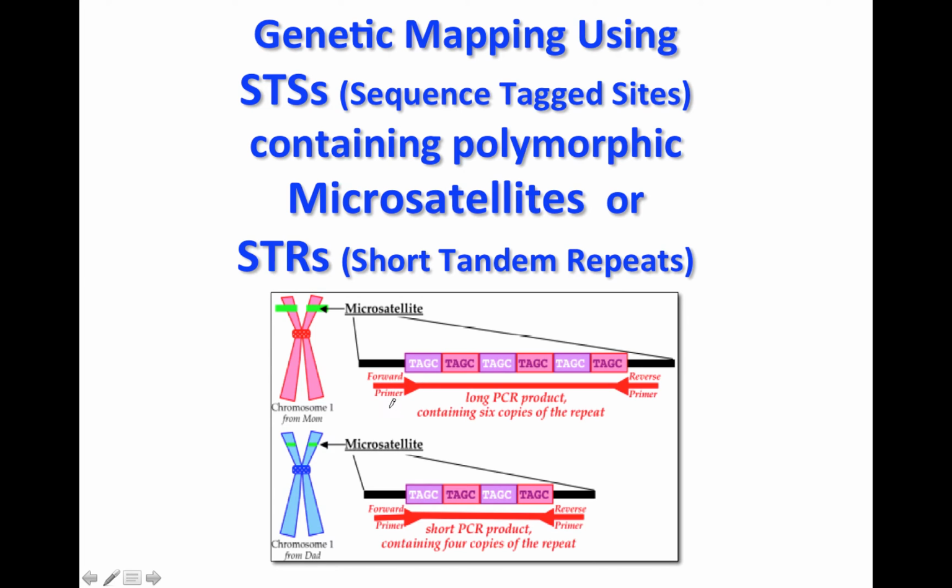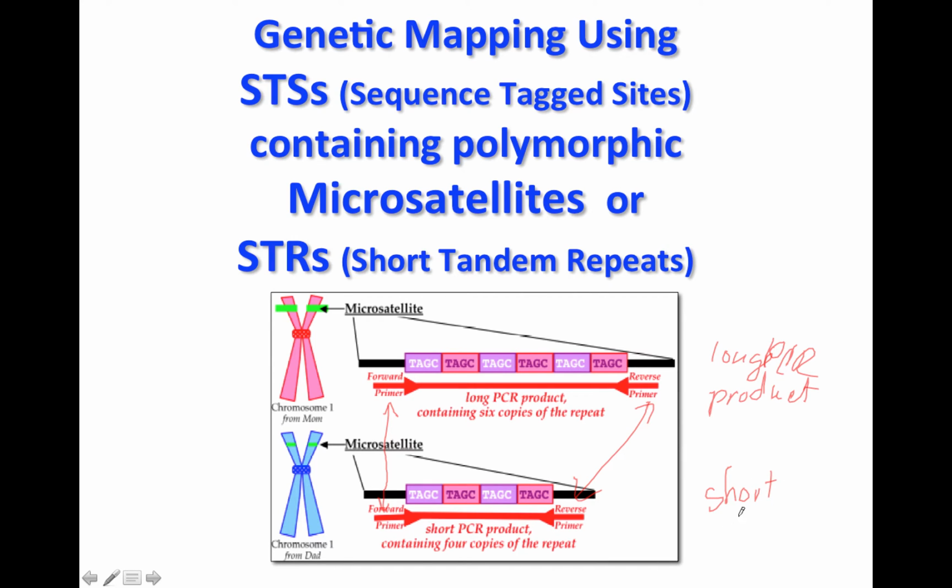So if you use the same primers that will bind to the flanking regions around this microsatellite, okay, this will generate a long PCR product, and this will end up yielding a short PCR product.